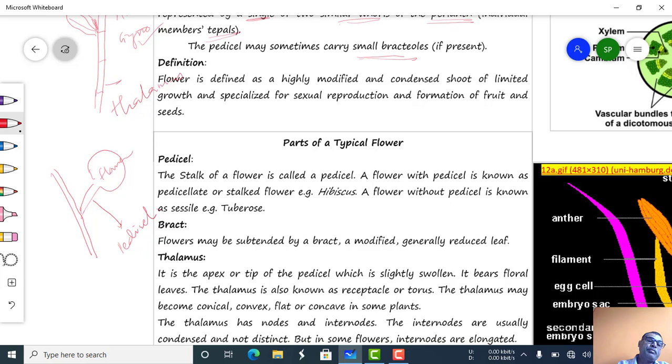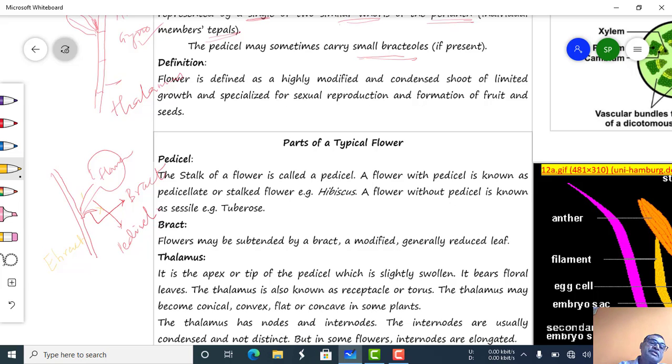Usually at the point of origin of this pedicel, a small scale-like or leafy outgrowth is present, which is a reduced one. This is called a bract, and if such a bract is present, then the flower is called a bracteate flower. And if the bract is absent, then it is called an ebracteate flower.